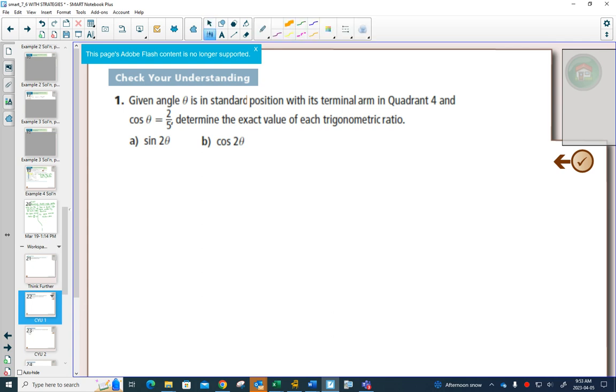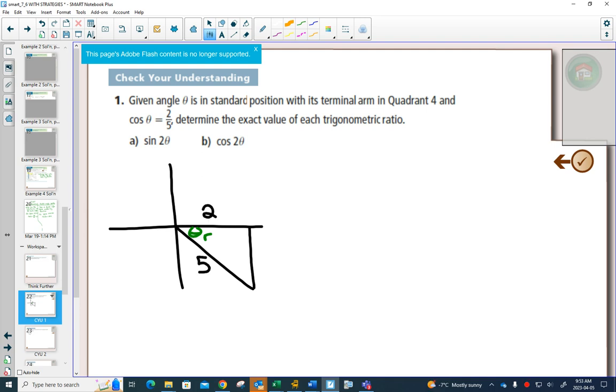So the same thing that we've done in so many questions before, I know it's in quadrant 4. I can draw it back to the nearest x-axis. I can label my reference angle. And I know that cos is 2/5, so adjacent over hypotenuse.